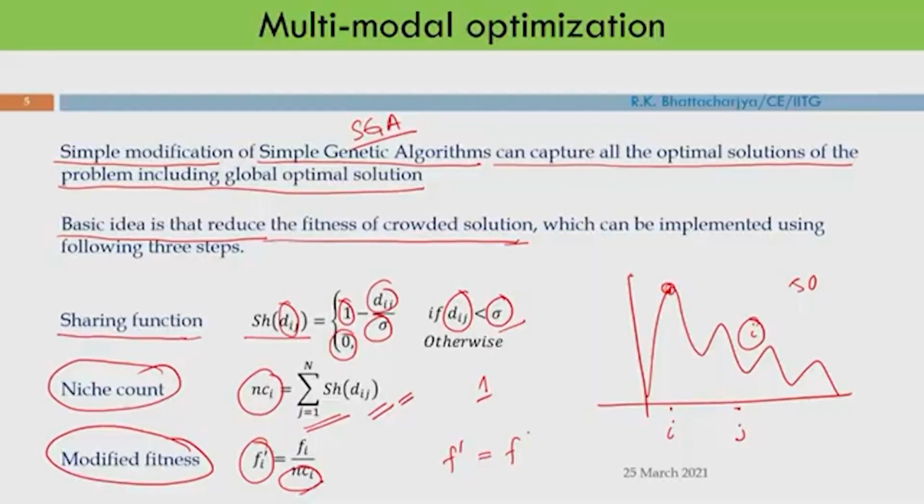If it is a crowded solution, I will reduce the fitness value. So, eventually, when this solution goes to the selection operator, it will not be selected, because you have reduced the fitness function of the crowded solution.